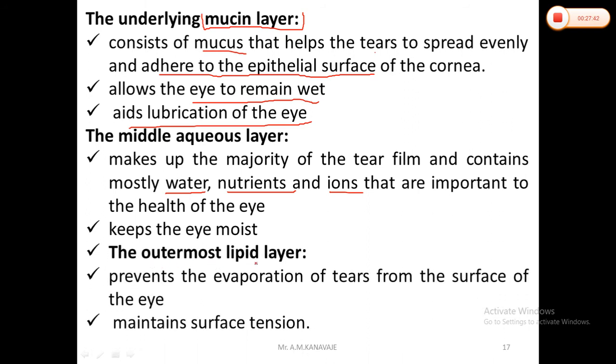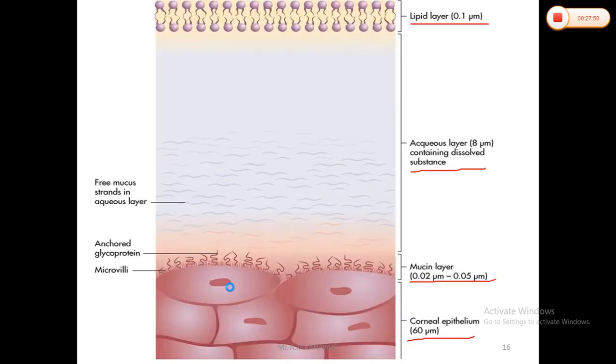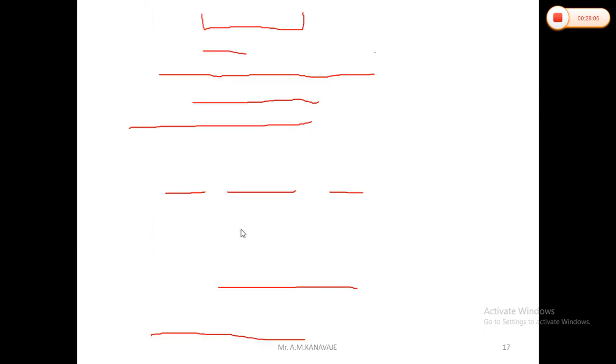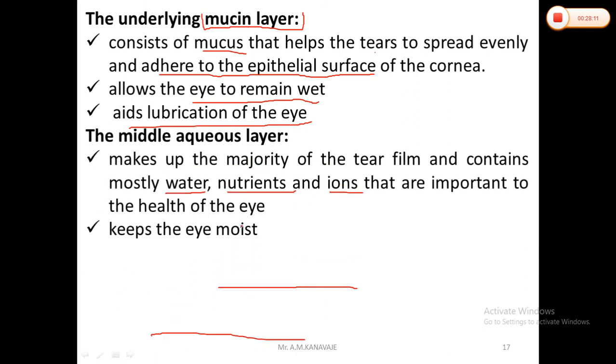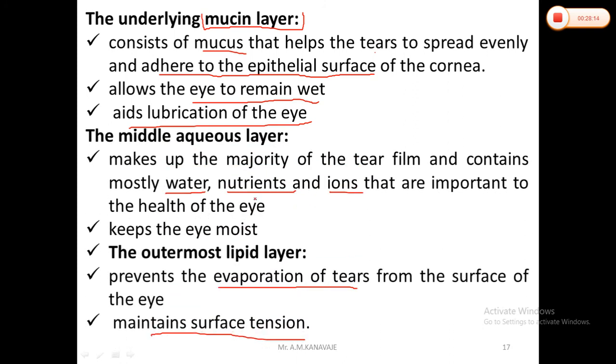And the outermost lipid layer prevents the evaporation of tears from the surface of the eye and maintains the surface tension between the aqueous layer and the lipid part. The mucin layer provides mucin secretions so that the eye remains wet and lubricated. The aqueous layer has totally water and nutrient content, so it keeps the eye moist and provides nutritional supplement for the eye surface.